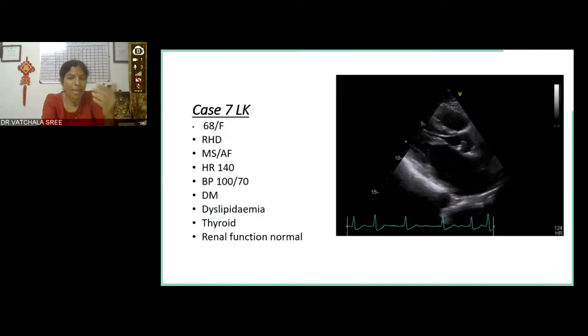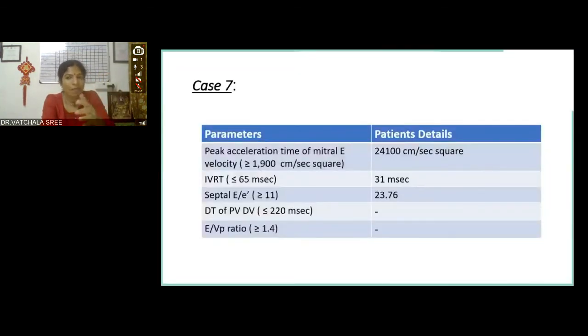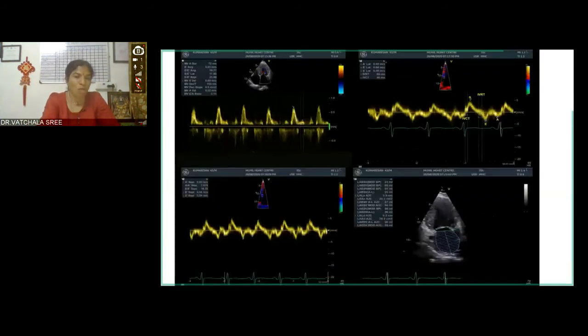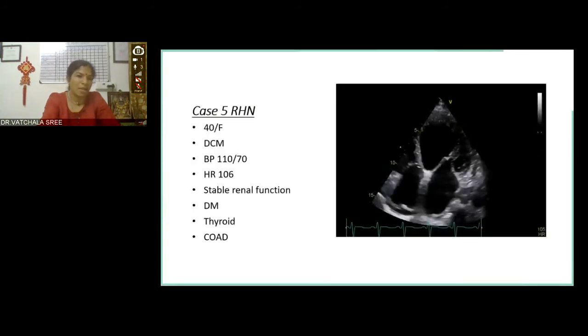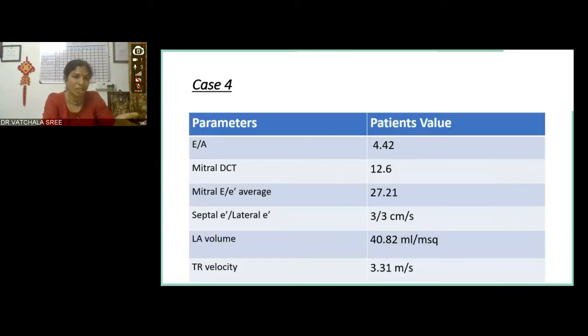But for diastolic dysfunction assessment, whether it is reduced EF or LVH, the algorithm is the same. What you're worried about is the E by A ratio. If the E by A ratio, as I showed you, is more than 2, then he has diastolic dysfunction, and it's the same even when you have a reduced ejection fraction.